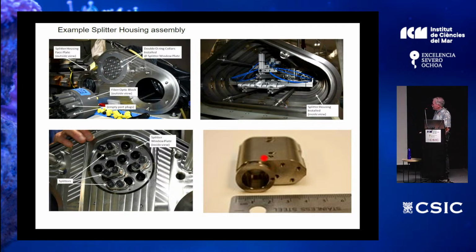Anyway, this shows one installed on the back of the splitter housing. This is the external part of the housing. The fibers from the different arms come here, and the 2 spectrometers are attached here and here.